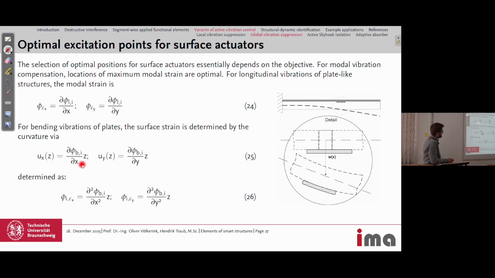At first we have the displacement on the surface, and if we then derive it another time with respect to space, then we get this surface strain for the bending. The B is for bending vibration, so longitudinal vibrations L and bending B.